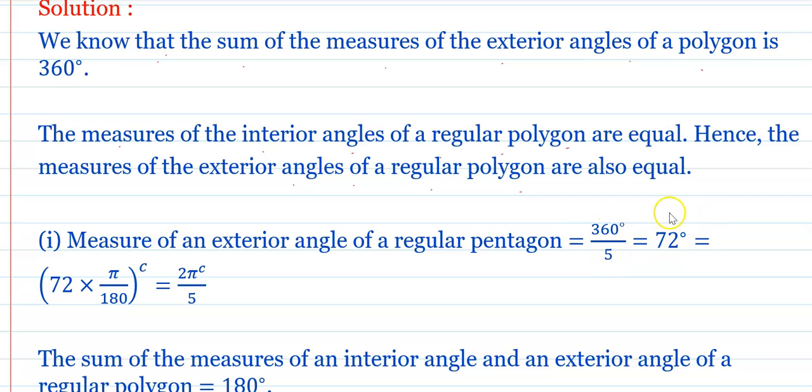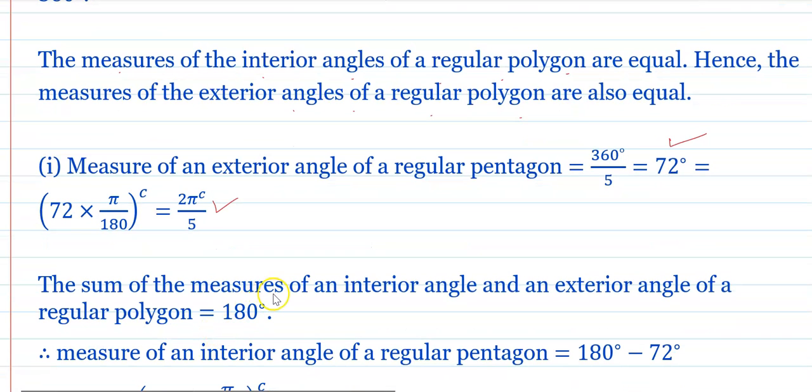360 upon 5, you will get 72. And hence, in radian, 72 into pi upon 180 radian. Then, after simplification, you will get 2 pi by 5 radian. The sum of measures of an interior angle and the exterior angle of a polygon is 180. They form the linear pair.